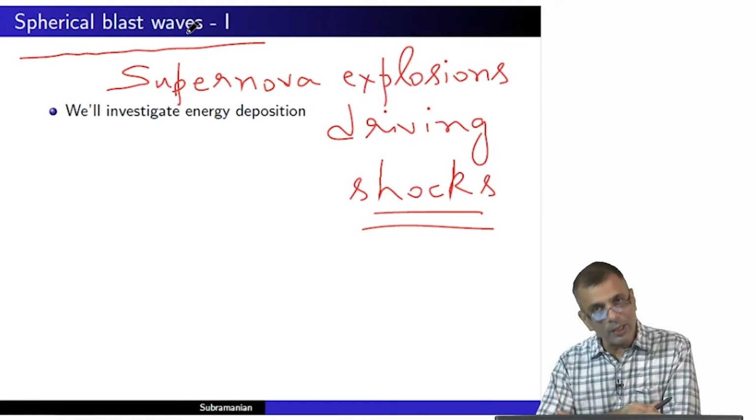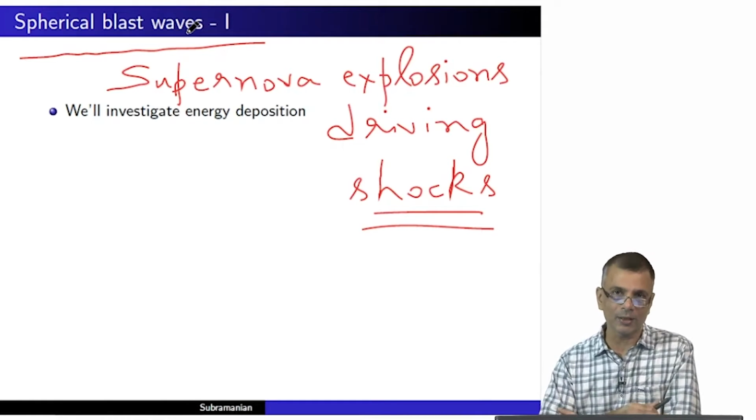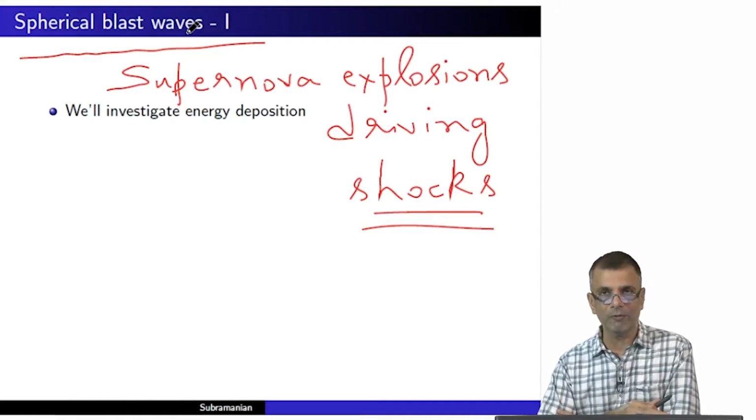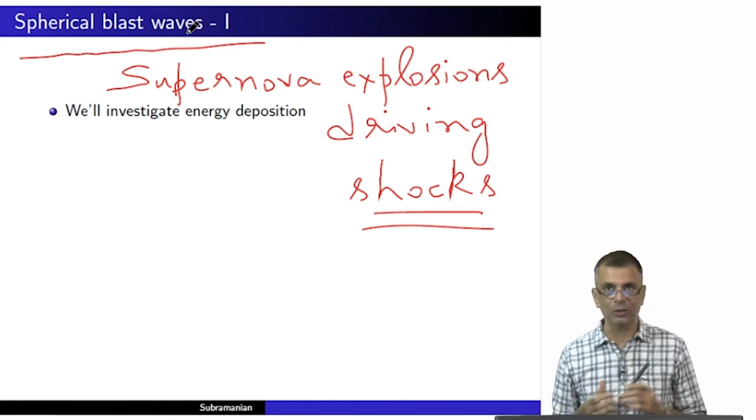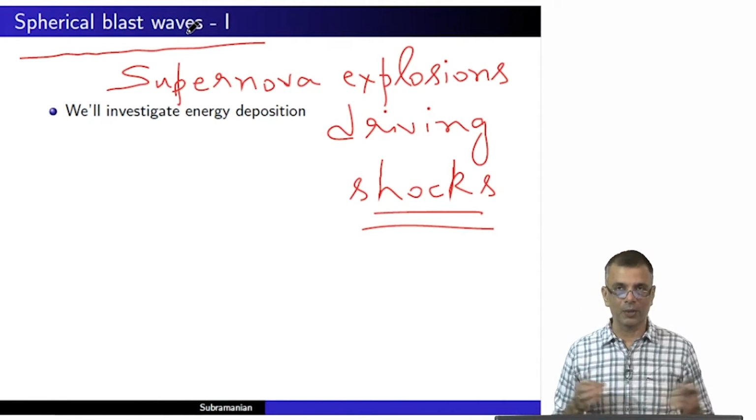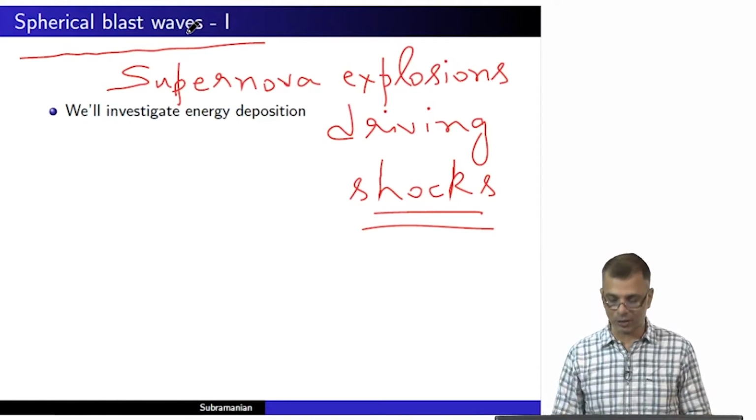So, our analysis is actually quite restricted, but it has the advantage of simplicity, and it has the advantage of predictability. And historically, this was one of the first sort of stepping stones in understanding the formation of shocks in astrophysical situations. So it's important for us to go through this, right.